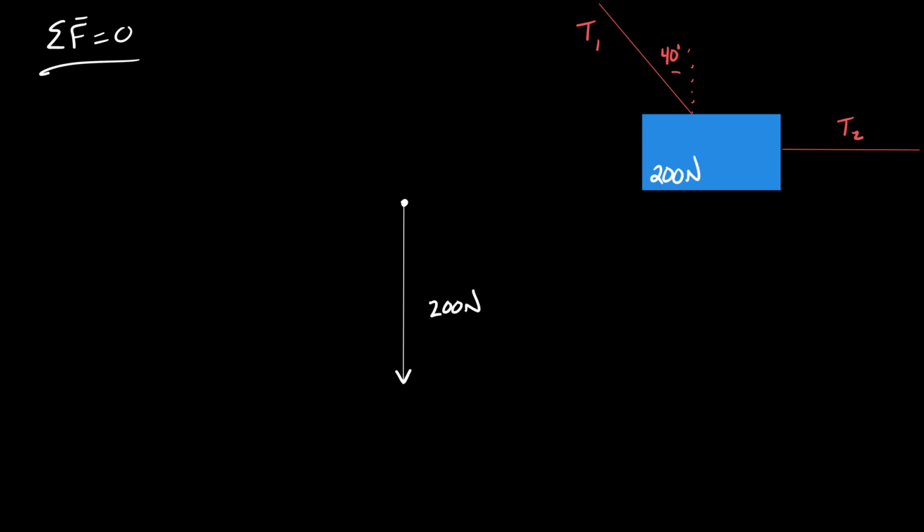Go ahead. You should draw a rope going to the top left of that. Okay. Something like that. Now here's the thing. I'm eyeballing it, but I know that tension 2 does not pull up on the box at all.